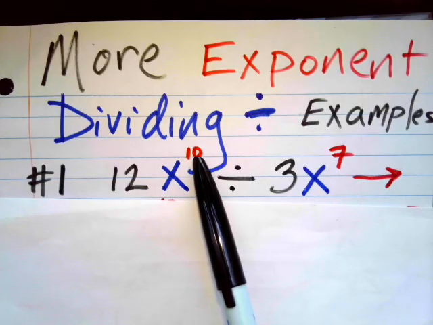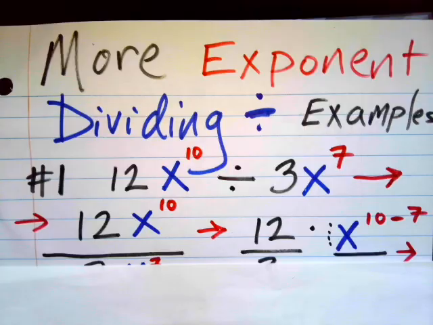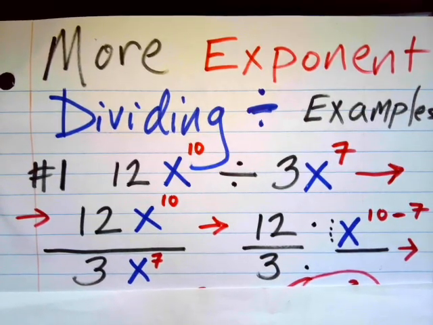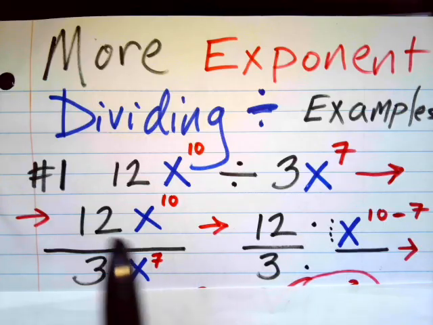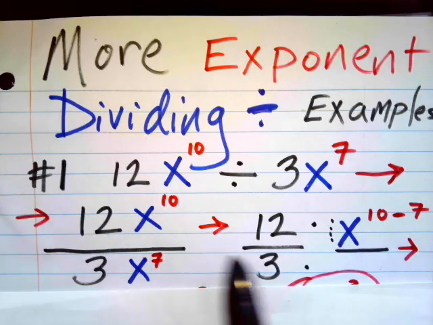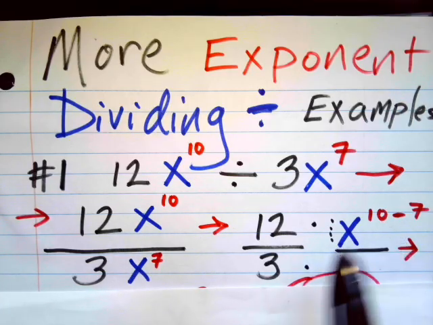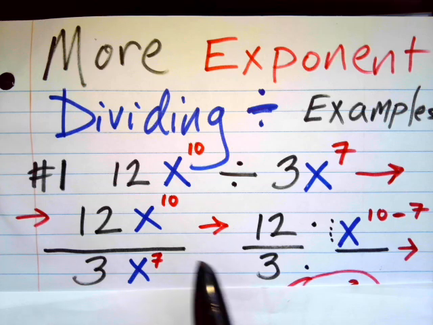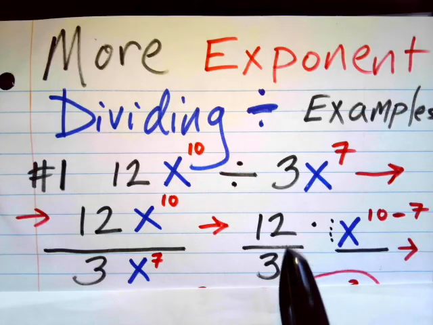So 12x to the 10th power divided by 3x to the 7th power can be rewritten as 12x to the 10th power over 3x to the 7th power. Remember, these terms are attached through multiplication. 12 times x to the 10th power, and then 3 times x to the 7th power. The rule is when you divide, you subtract the exponents. 10 minus 7 is what I'm showing you here.